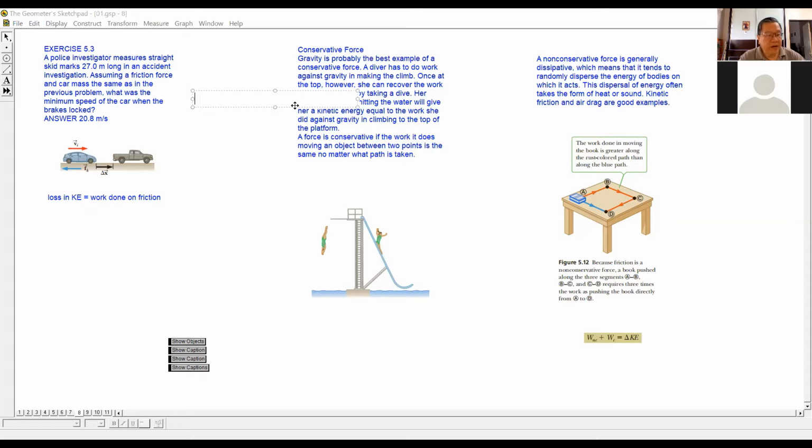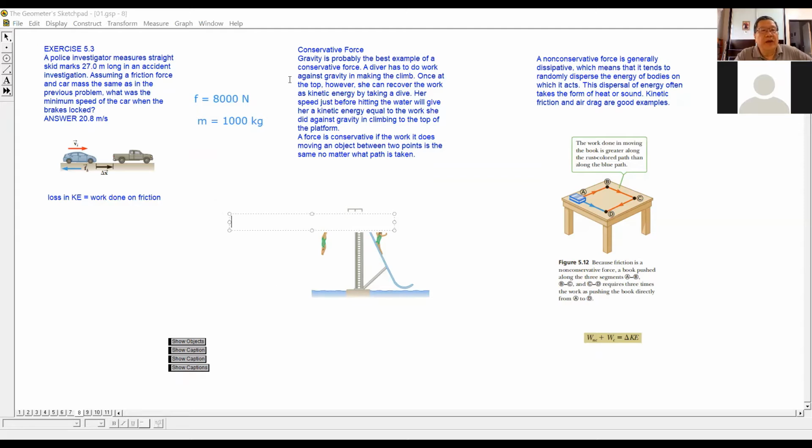So over here, the frictional force is 8,000 newtons. And the next one is the mass of the car. The m is 1,000 kilograms. So the distance traveled is 27 meters.